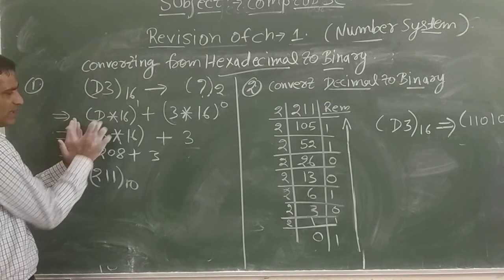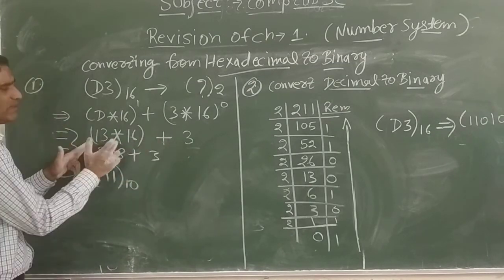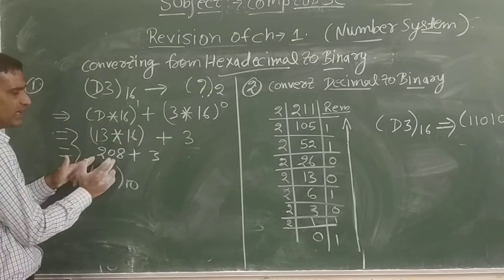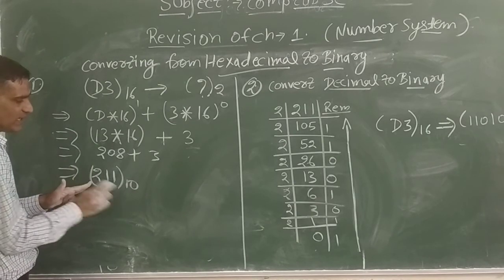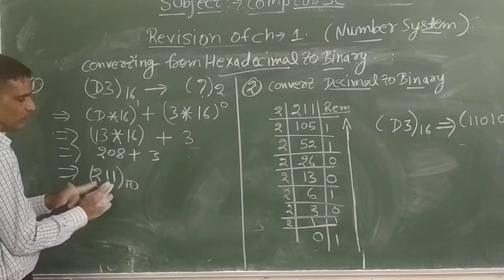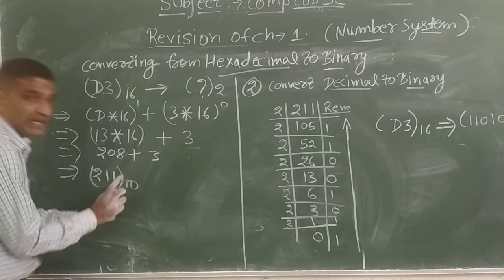So 13 multiplied by 16 plus 3. 13 multiplied by 16 gives 208, plus 3. After this we sum, and we write in decimal number form: 211.